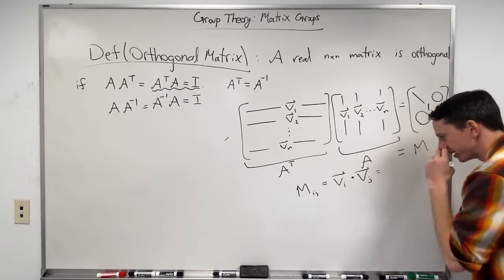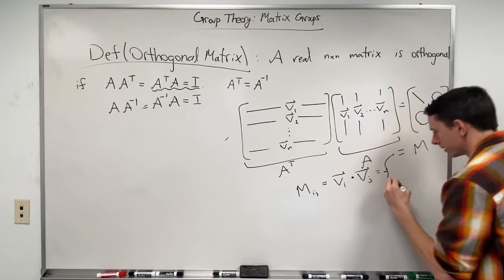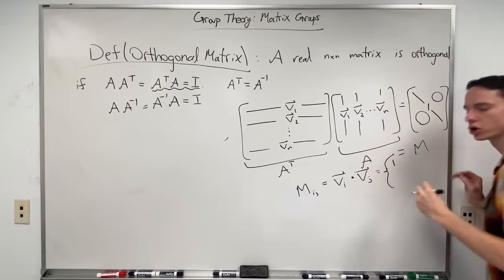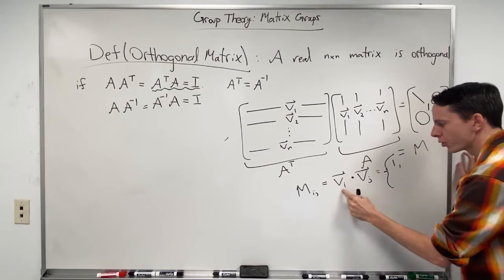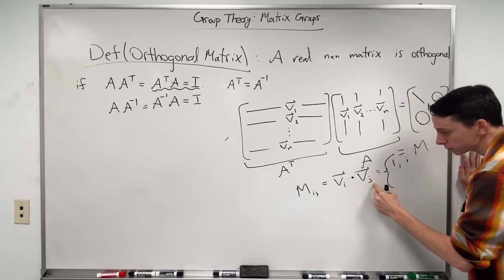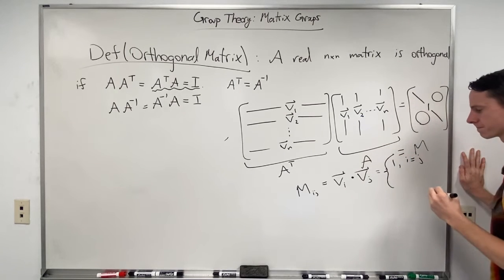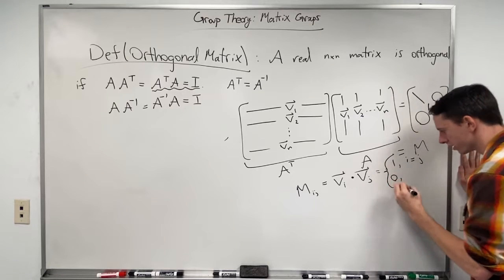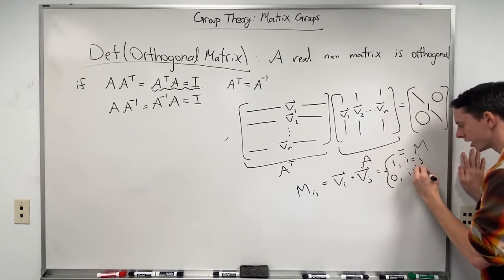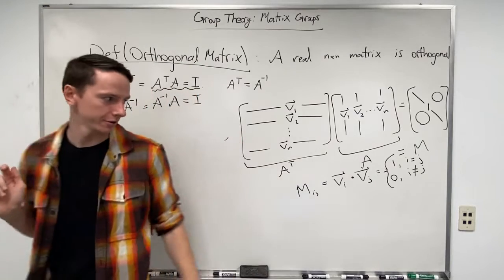And now for the identity matrix, we're going to get ones on the main diagonal when the row index i is equal to the column index j. And we're going to get zeros everywhere else whenever the row index i is not equal to the column index j.